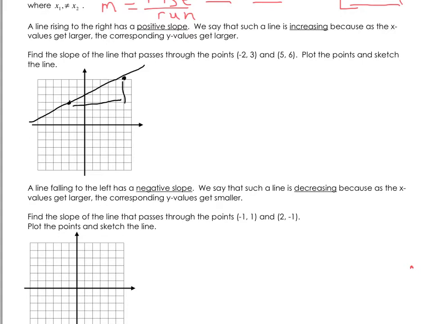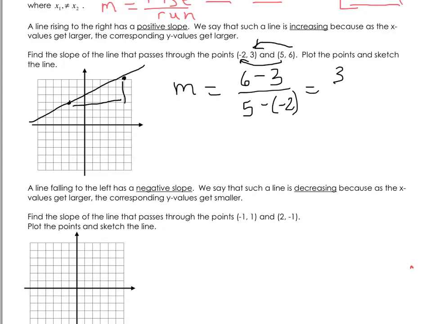We can use the formula. We can say the slope is the difference between the y values, 6 minus 3, divided by the difference between the x values, 5 minus a -2. That will give us 3/7.